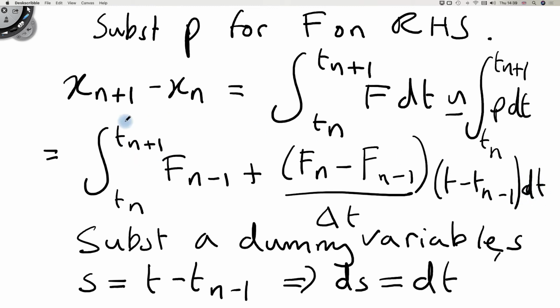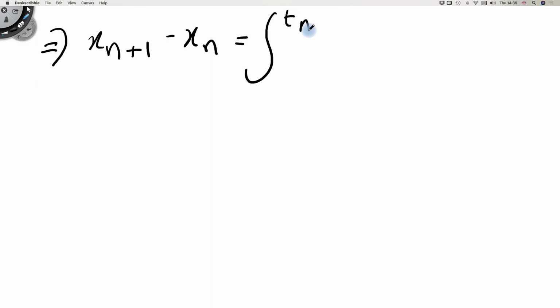The other thing we have to think about is that the limits of this integral will now change with s. So remember that s is t minus t_{n-1}, so the upper limit is t_{n+1} minus t_{n-1}, and this one will be t_n minus t_{n-1}. So let's just write that out. Now change it to this s variable: t_{n+1} minus t_{n-1}.